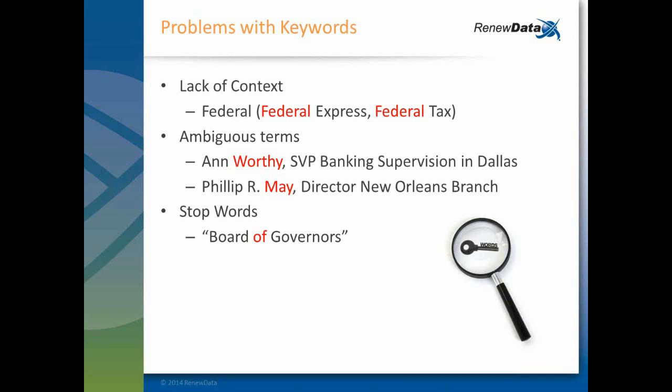But you also have the challenge that people aren't always going to be called exactly what you think. It's not always going to be Philip R. May or Philip May. You have to work your strategy around the people's names to make sure that you capture everything, and that's done with proximity and possibly with wildcards. But again, it's the balance between recall and precision. This is one of the problems with keywords as well.